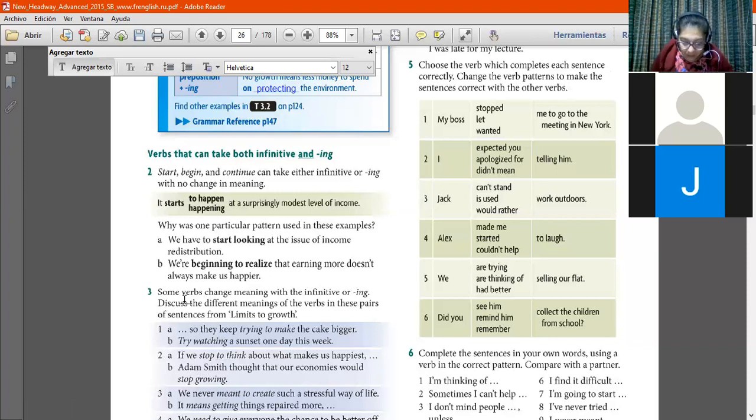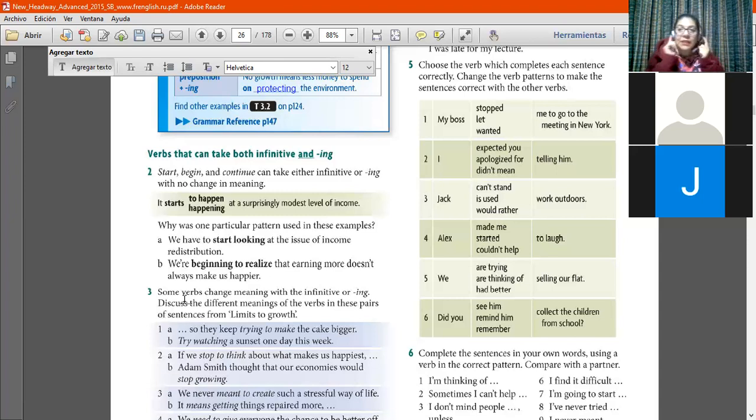Why? I told you when we explained this. We'll always remember it is because of stylistic reasons.